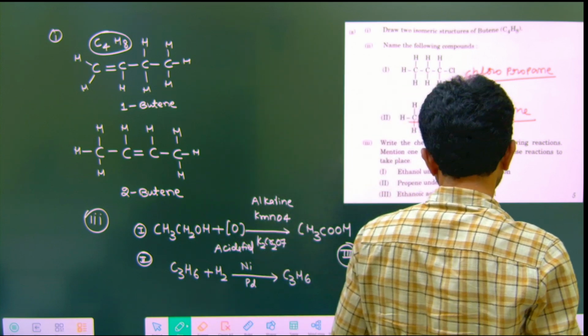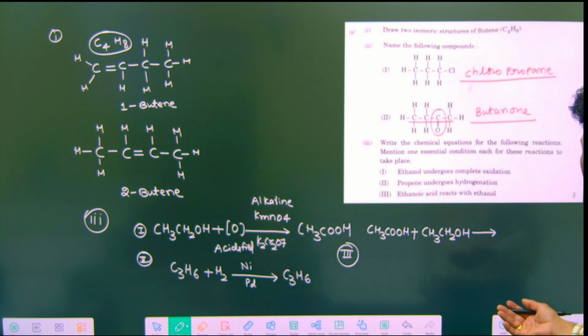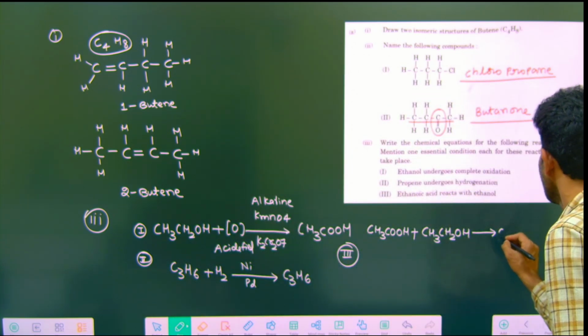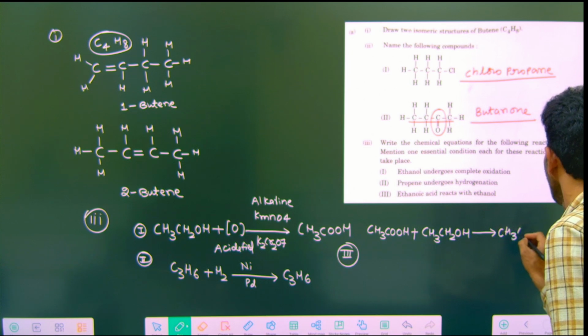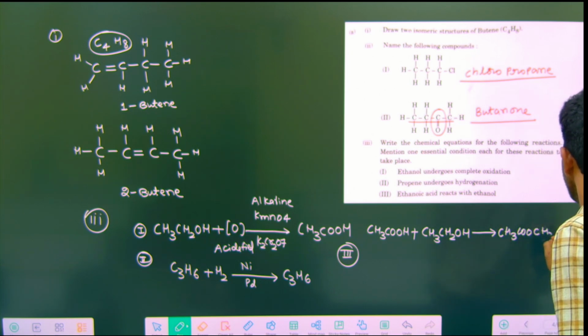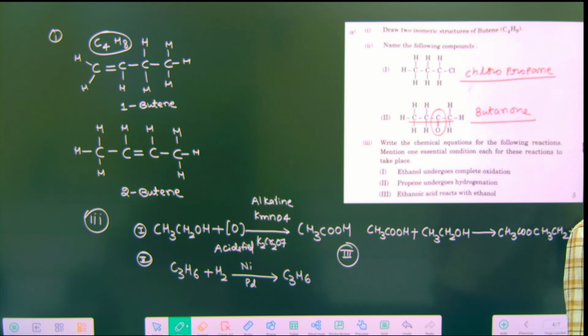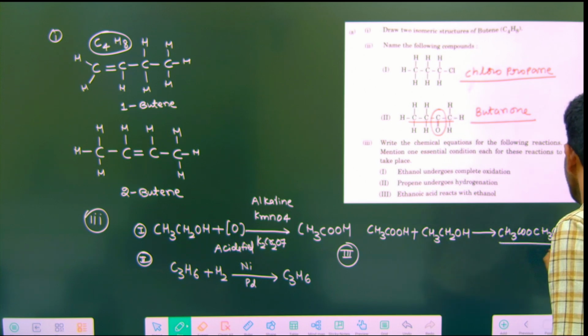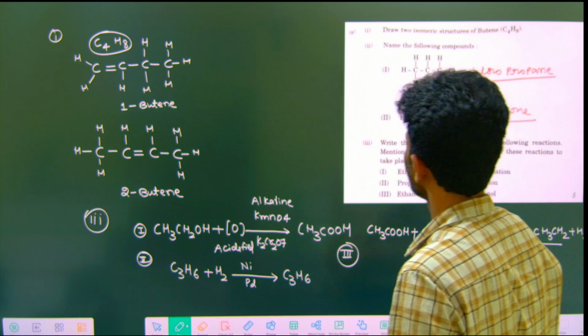When ethanol and ethanoic acid react with each other, an ester will form. What is that ester here? CH3COOCH2CH3, ethyl ethanoate, plus water also will be formed. This is the esterification reaction. This is called ester. Very important reaction. So this is the third one.